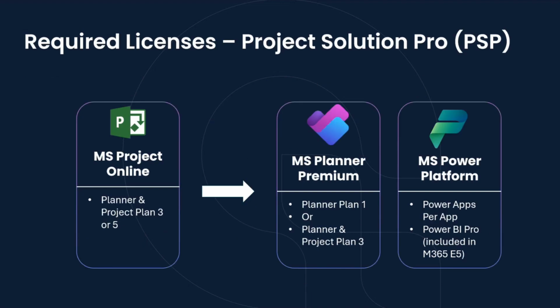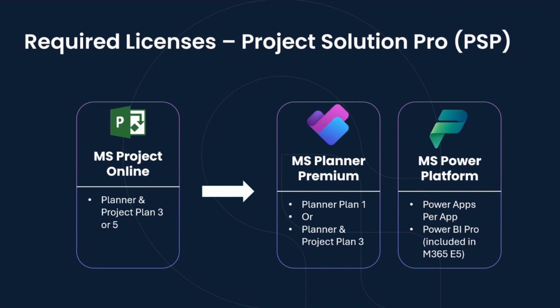Licenses. Just to give a little bit of clarity around what the Microsoft licenses are with Project Online, to what they will need to be for the new world, if this approach is of interest to you. Currently with Microsoft Project Online, as a user, you would need either a Planner and Project Plan 3 or 5. In the new world, there are a couple of licenses to take into consideration.